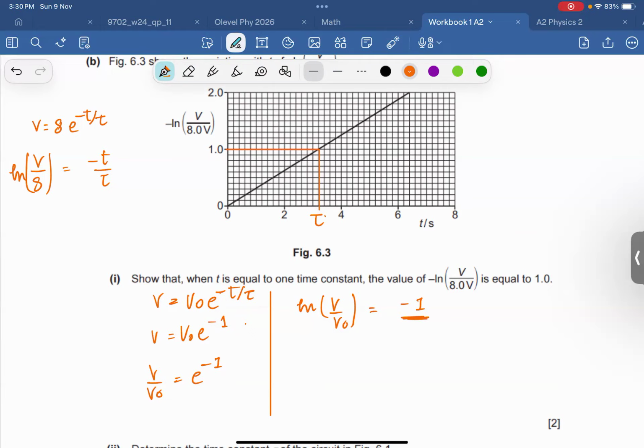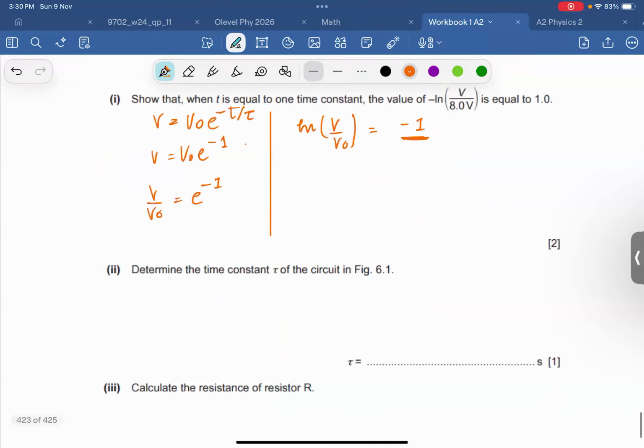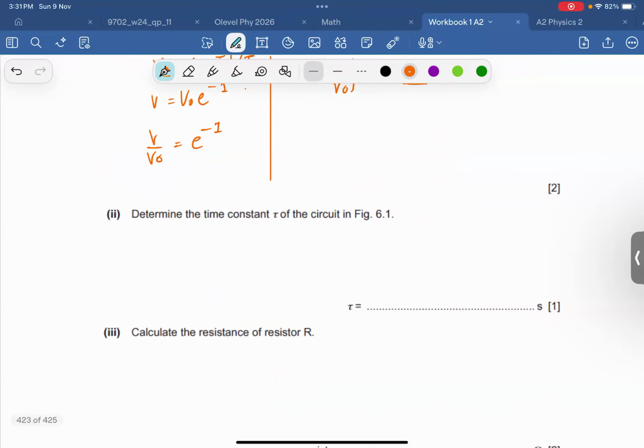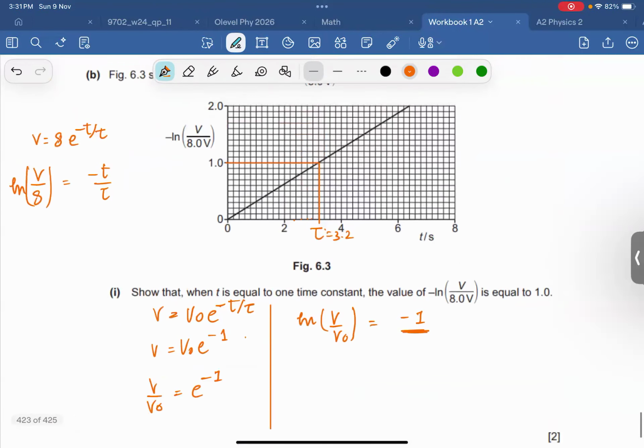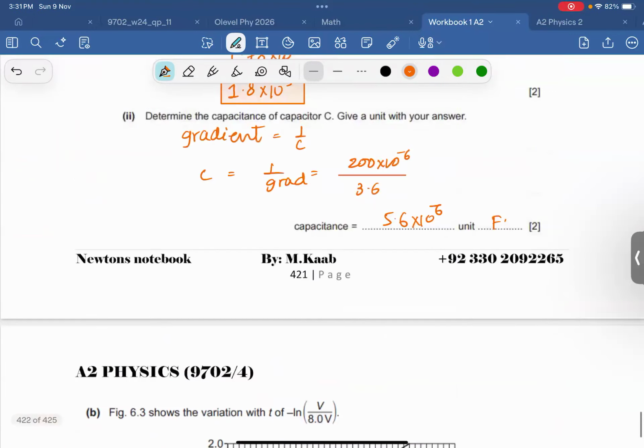If I read this from the graph, it is going to be 3.2. Now they're saying determine the time constant. So 3.2 directly from the graph. Resistance of the resistors is known. We know the capacitance is 5.6 exponent negative 6.